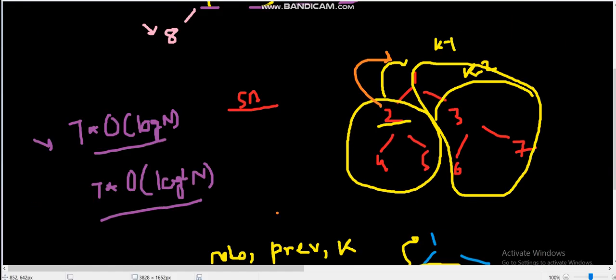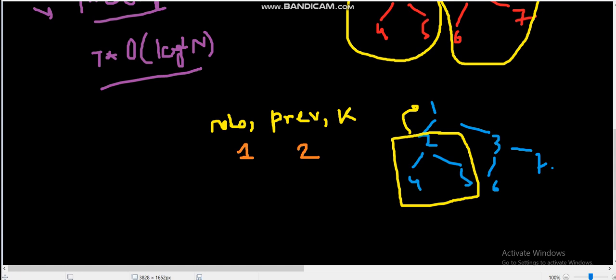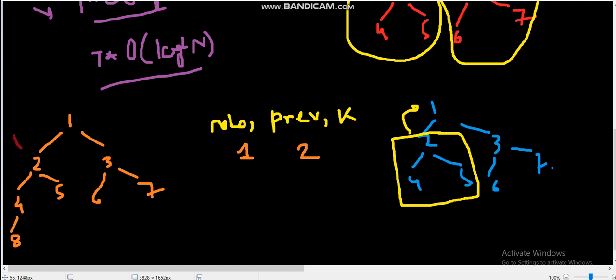Okay, now what is check? This check function is quite interesting. Check function does what? Okay, so check function does the same thing I am saying here. Let's say 4 5 3 6 and 7, let's say 8 here. Okay, so we will try to find the number of nodes in the subtree of 2 at distance 2. Okay, so we'll try to go to the leftmost of the 2 subtree.